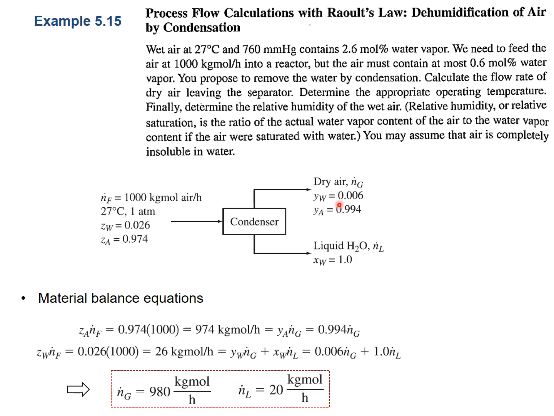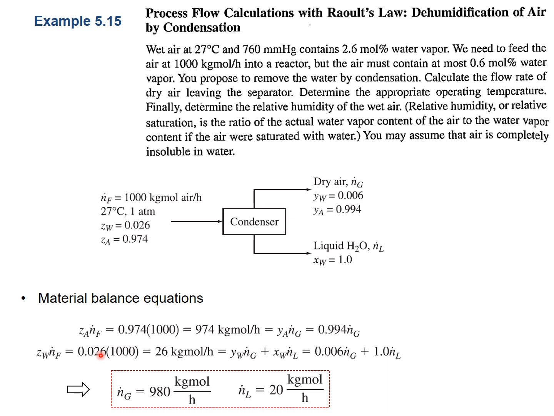So let me calculate the amount of air in the top stream. Ng, I mean the flow rate for the dry air, is unknown, with 99.4%.